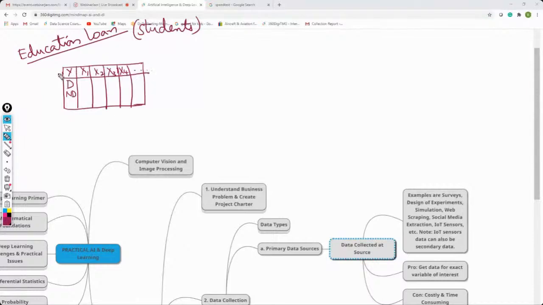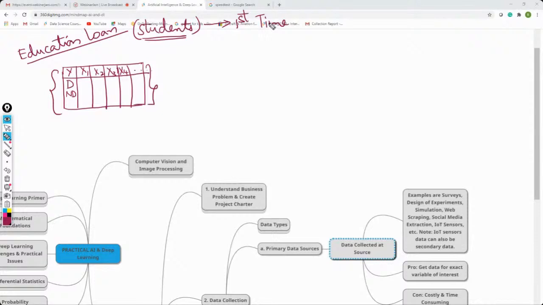But they were saying that this is not foolproof in building prediction models or predicting which students might default on the loan. Then we asked, why do you think so? They said the majority of the students applying for the loan are applying for the very first time.